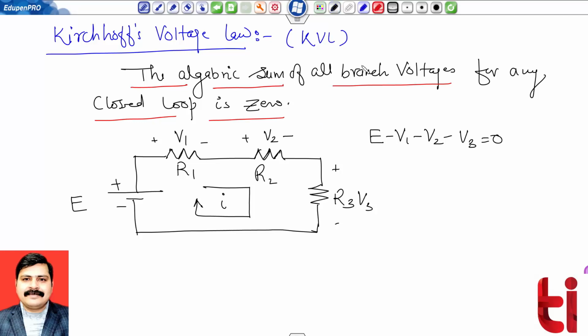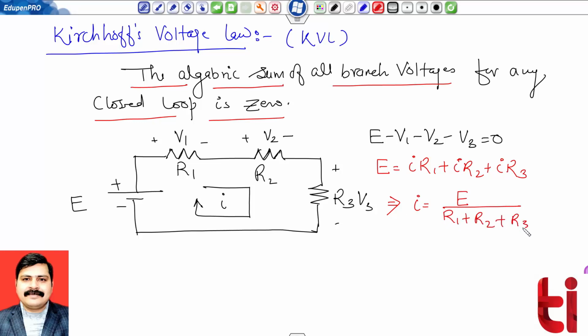So one can write it this way: E equals IR1 plus IR2 plus IR3. So one can easily calculate the value of current using KVL. This equals E upon R1 plus R2 plus R3.